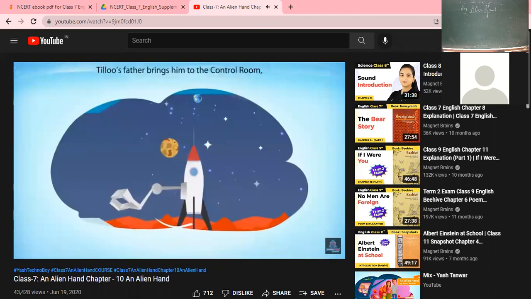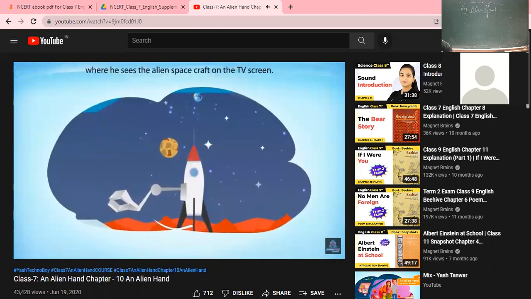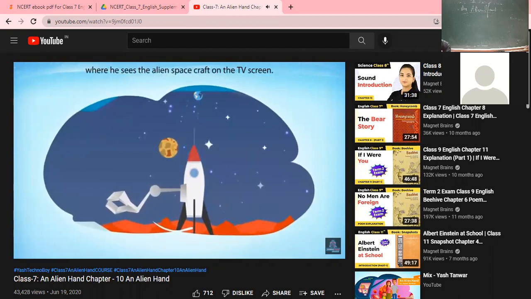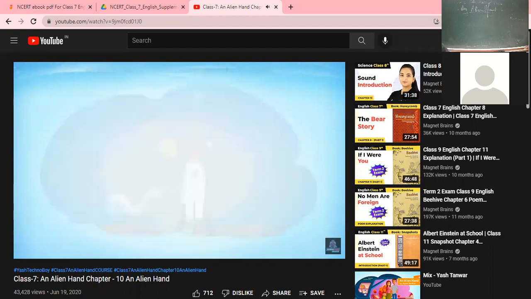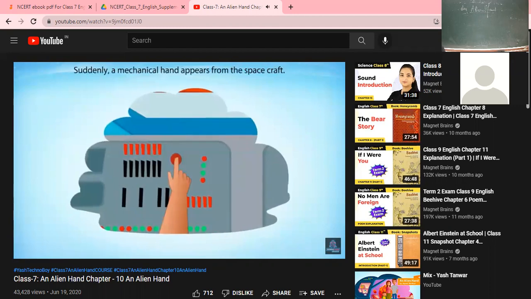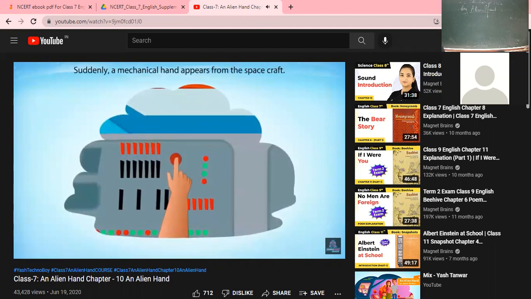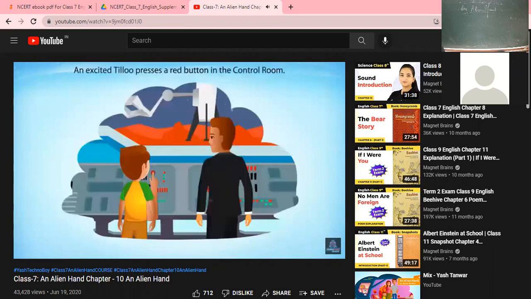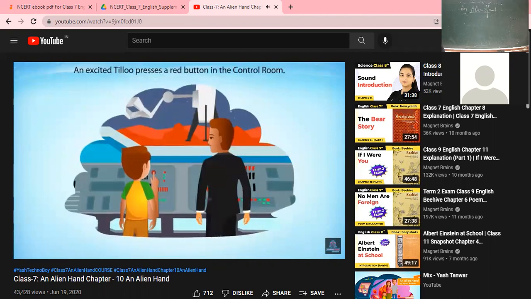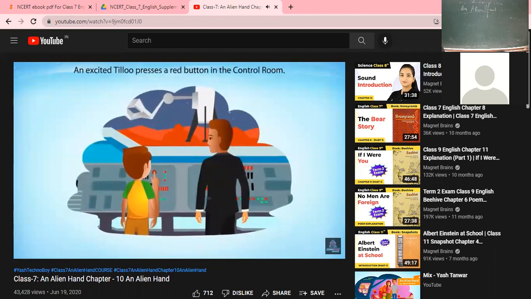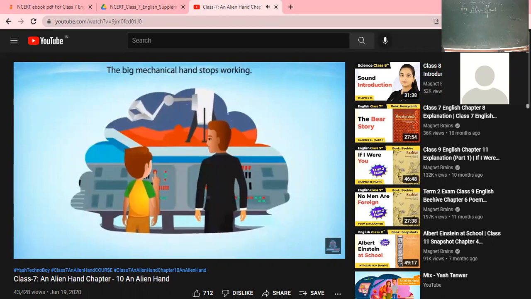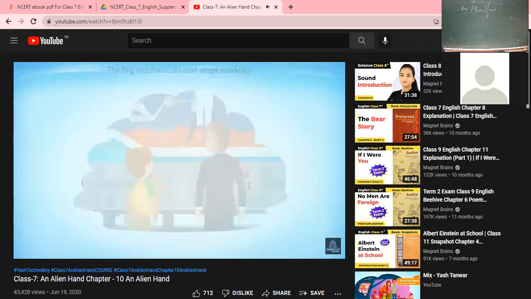Tillu's father brings him to the control room, where he sees the alien spacecraft on the TV screen. Suddenly, a mechanical hand appears from the spacecraft. An excited Tillu presses a red button in the control room. The big mechanical hand stops working.